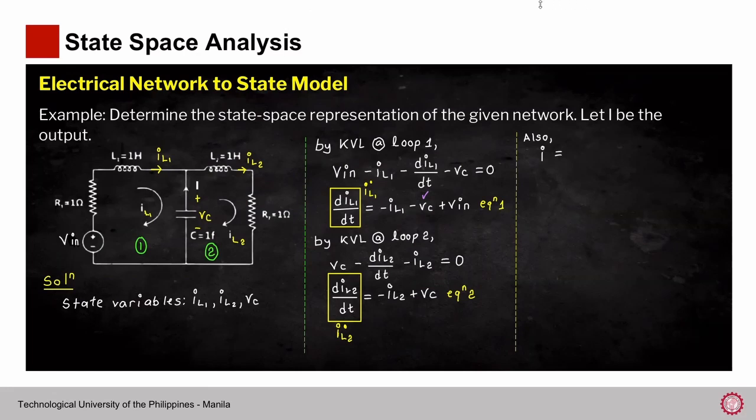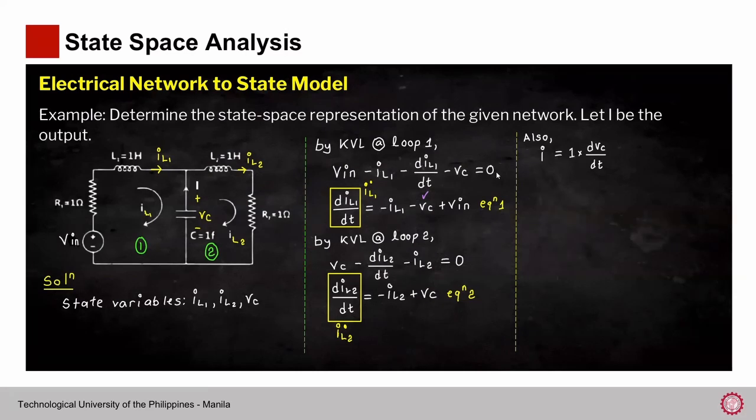So in this case, the capacitance is 1. So we can write 1 multiplied by dVc over dt. So, 1 po ito, no? Medyo pangit lang yung naging itsura.